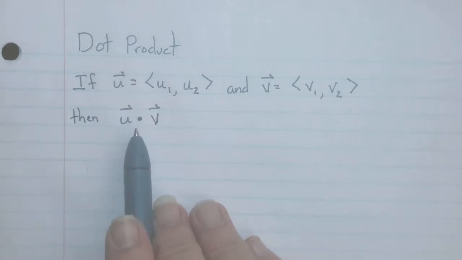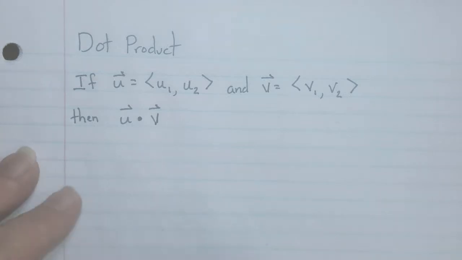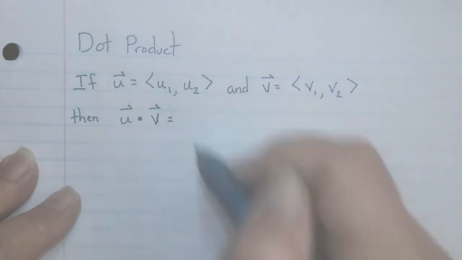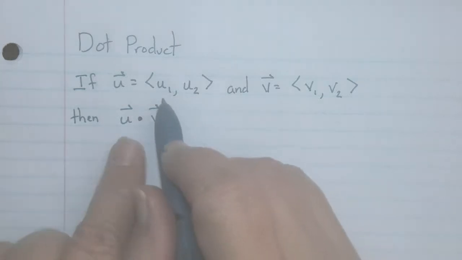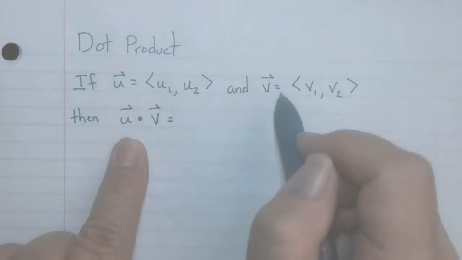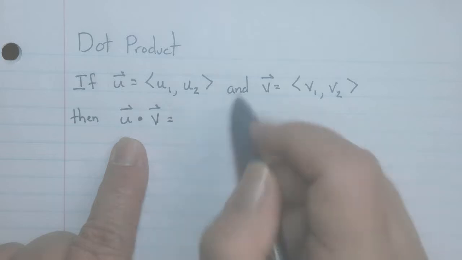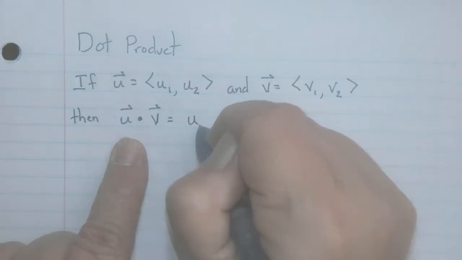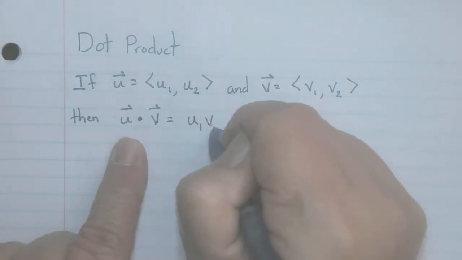So it's not the same as multiplication, right? It's a special operation. And it goes like this. Take the two horizontal components and multiply them together. So u1 times v1.